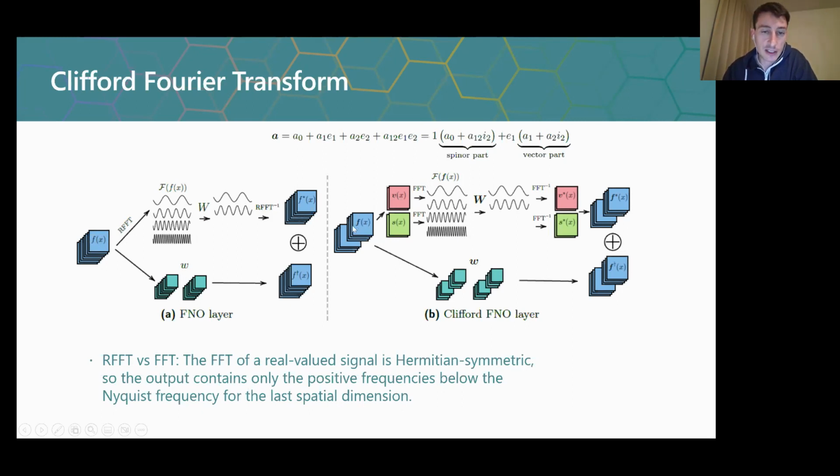We now split this multivector input maps. Remember, we now have maps of multivectors. We split them into these spinor parts in green and these vector parts in red. And then we do a complex Fourier transform on those two maps individually.